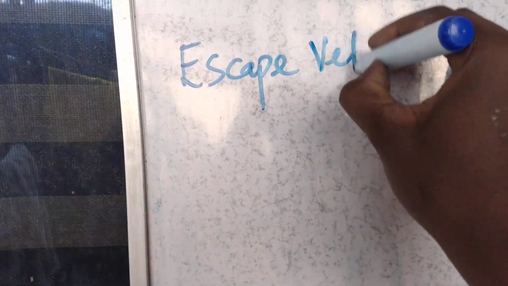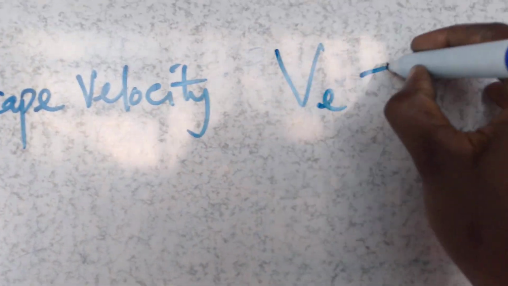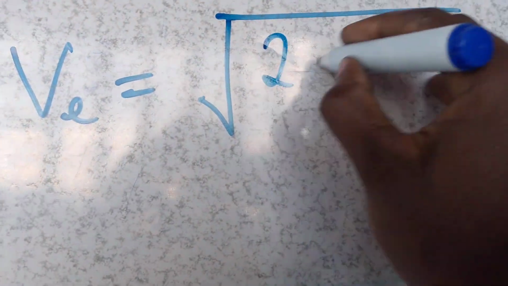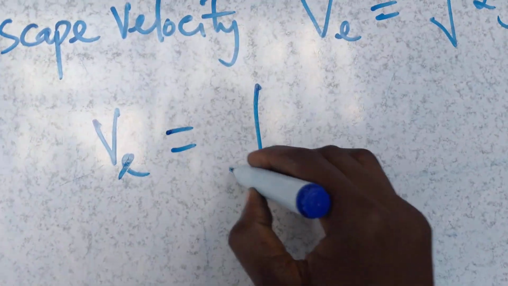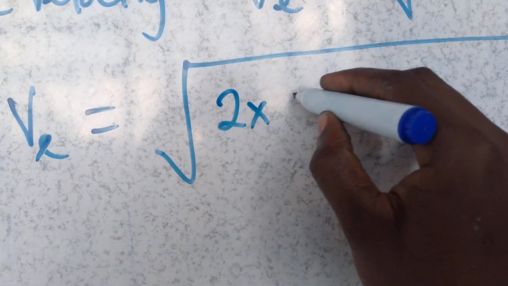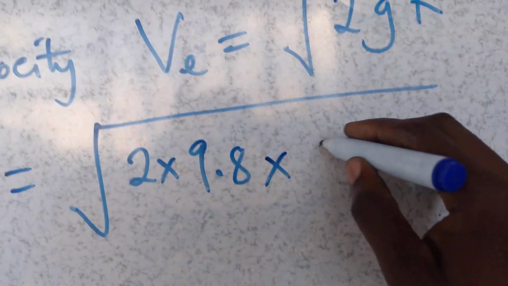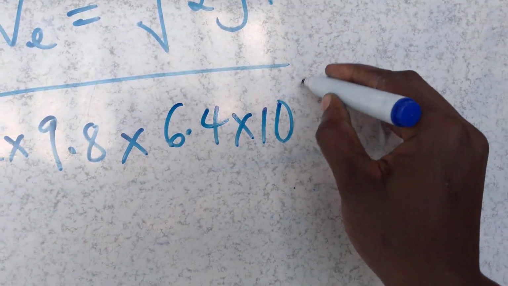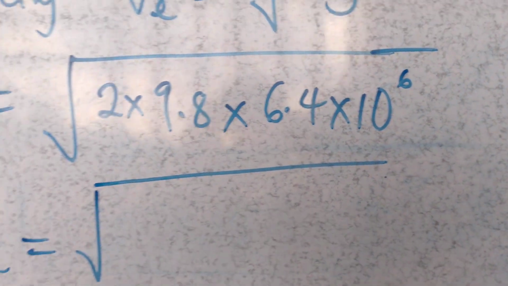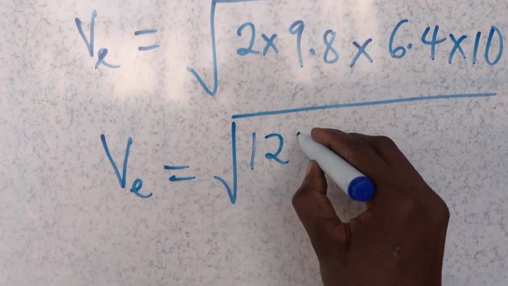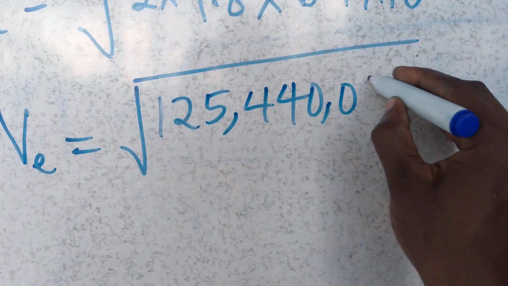The escape velocity VE is the square root of 2gr, which is the square root of 2 times g, which is 9.8 meters per second squared, times r, which is 6.4 times 10 raised to power 6. So I'll have VE as the square root of 125,440,000.